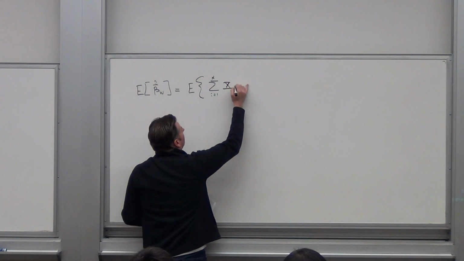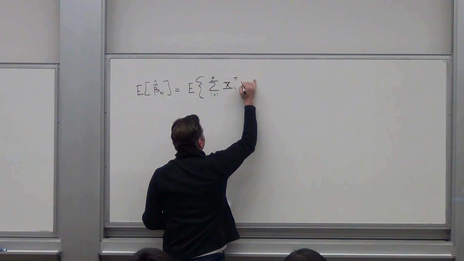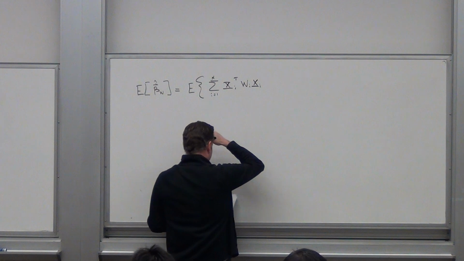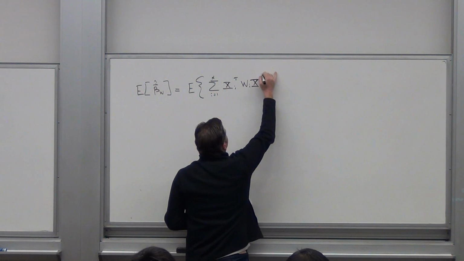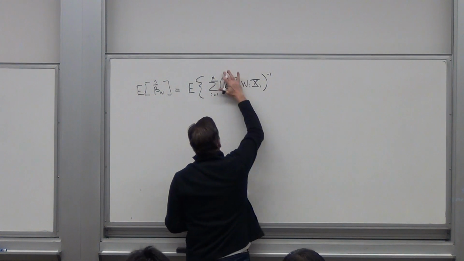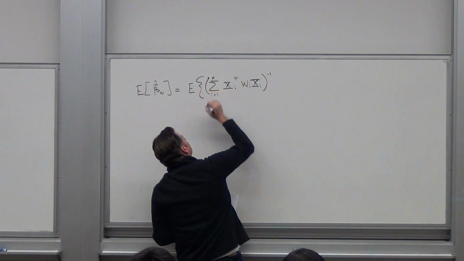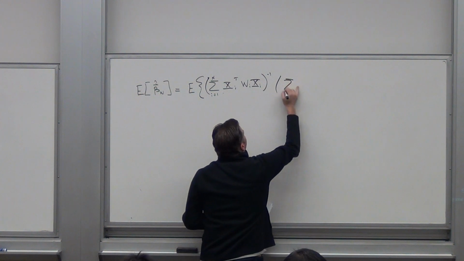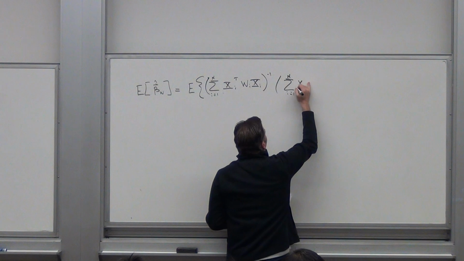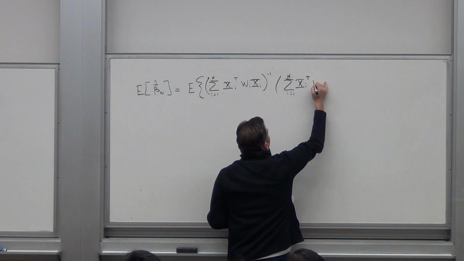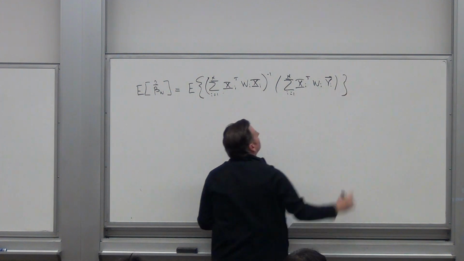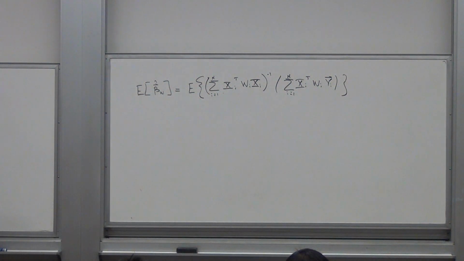That's going to look like the inverse of xi transpose wi xi, times the sum i equal 1 to capital N of xi transpose wi yi, the response vector here. Okay, so that's just my weighted least squares estimator sitting up there.